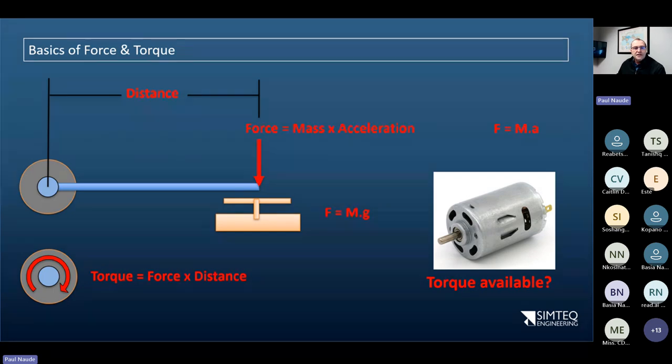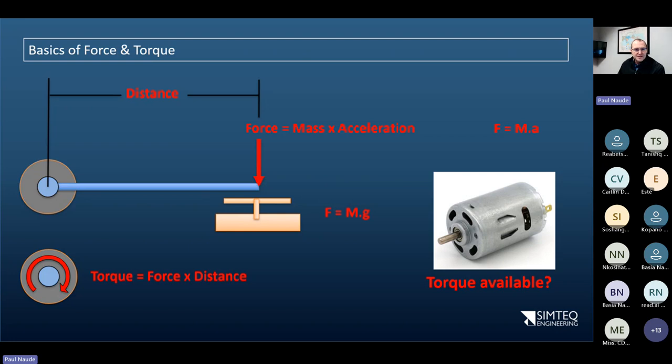And using the relationship between mass and gravity, you can calculate what the force is. And then if you know what that distance is, that force was applied over, you can measure what the torque was that this motor can apply.